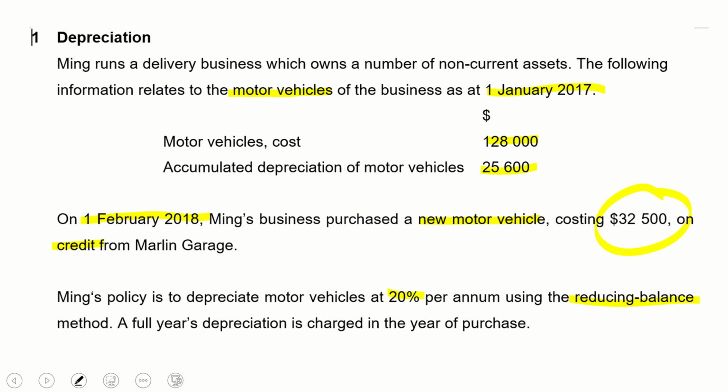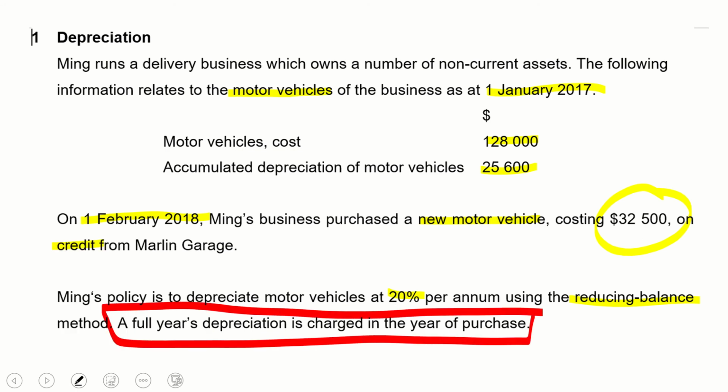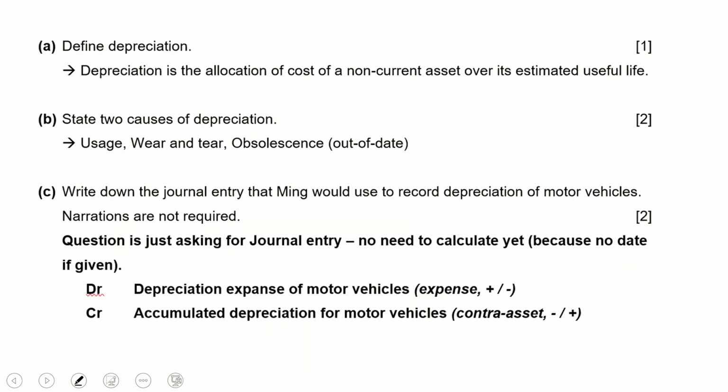And the all-important phrase that a full year of depreciation is charged in the year of purchase is also told to you. It means that no matter which month you bought the non-current asset, you will still charge a full year of depreciation.